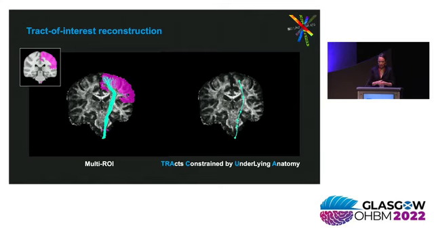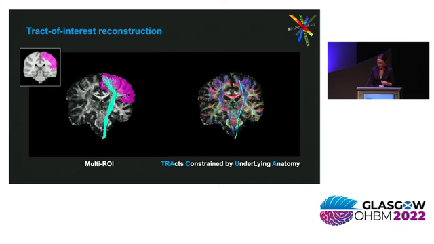It models each tract of interest as a curve with a small number of control points. And it tries to fit the shape of this curve to two different sources of information. One source of information is the diffusion orientations from the subject's diffusion data. So Tracula tries to come up with curves that are well aligned with those orientation vectors.